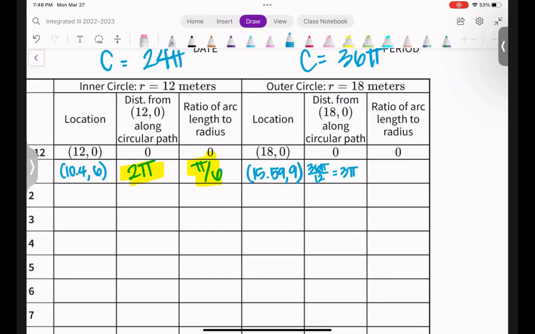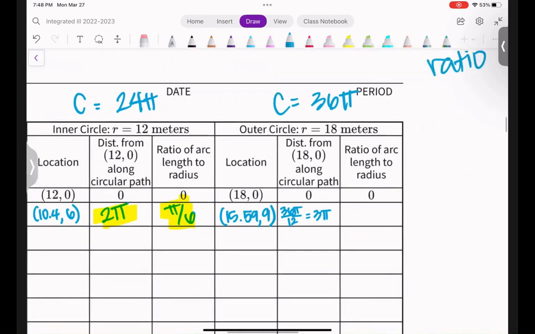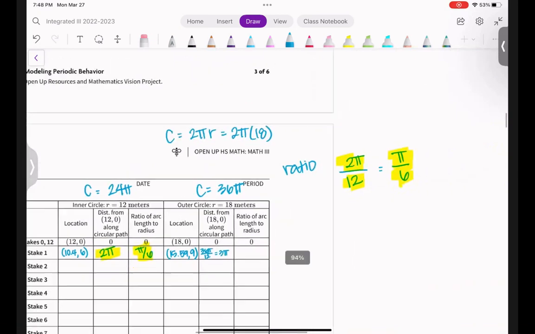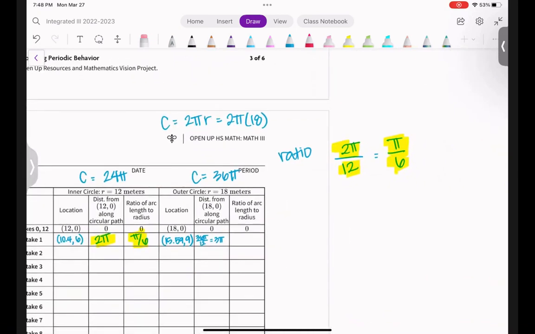So the ratio of that arc is going to be just like we did over here, right? So we take our 3 pi and we divide it by our radius. That's going to give us pi over, it's 18, sorry.